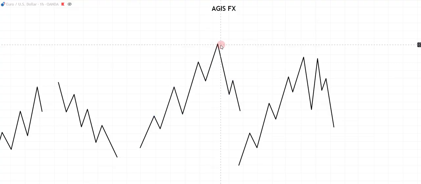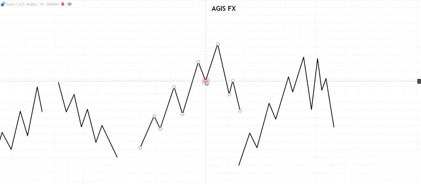Price was meant to push above this high, but it failed and it swept the higher low, creating a lower low, a lower high, a lower low. So this new lower low signifies a change in direction to the downside. So we can look for sell entries from these lows.